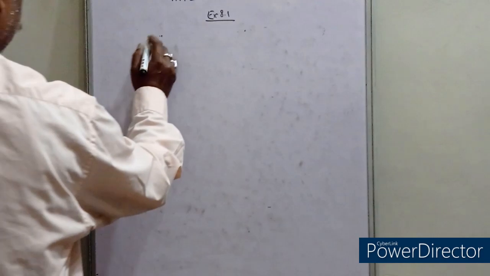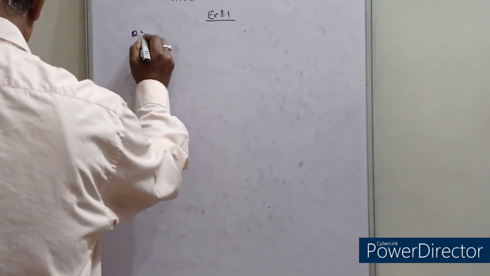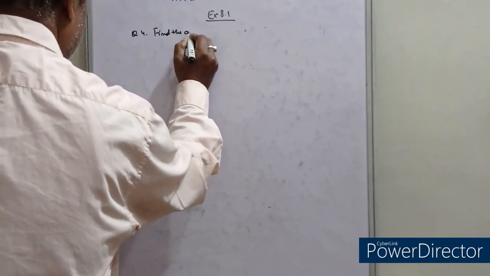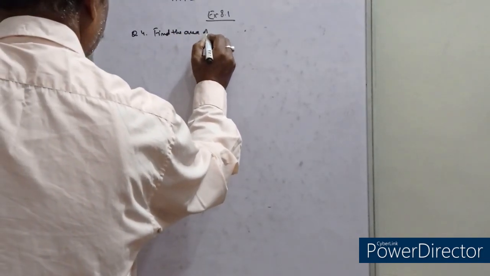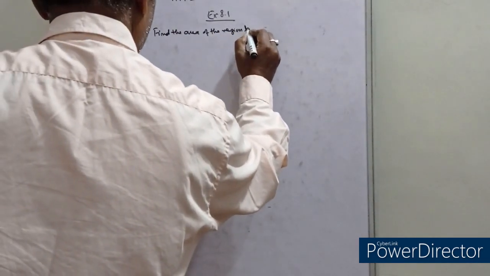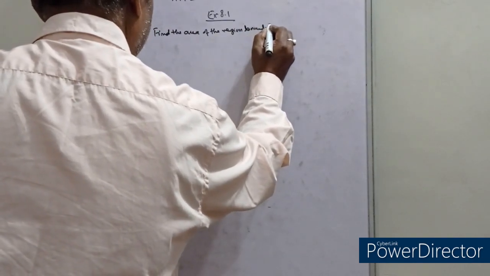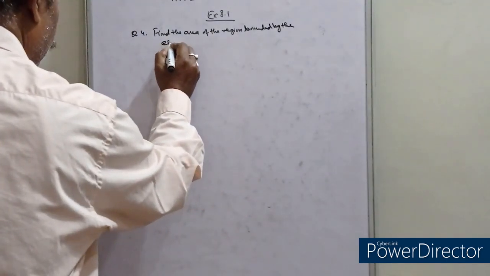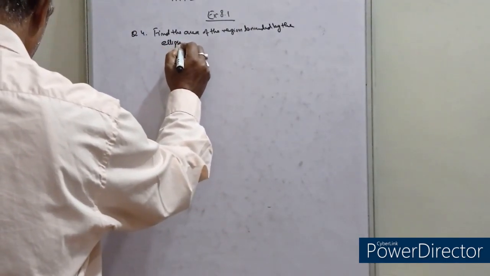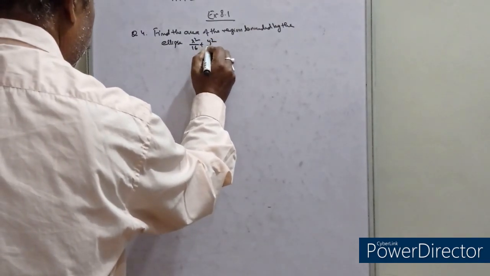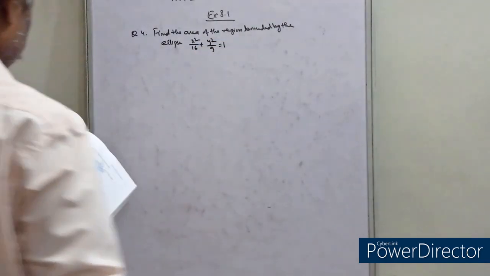Question number 4 states: find the area of the region bounded by the ellipse x square by 16 plus y square by 9 equal to 1.